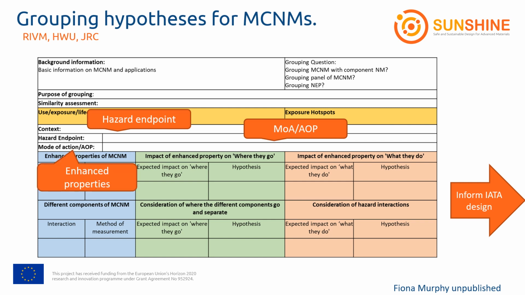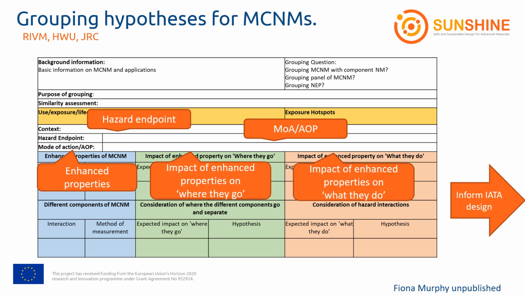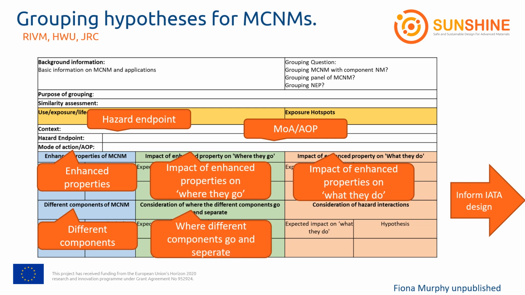It includes consideration of the enhanced properties and how these impact on where they go and what they do. It includes consideration of the different components within the multi-component nanomaterial and how they might influence where the materials go and where they might separate from each other, and then how they might interact in terms of consideration of hazards.